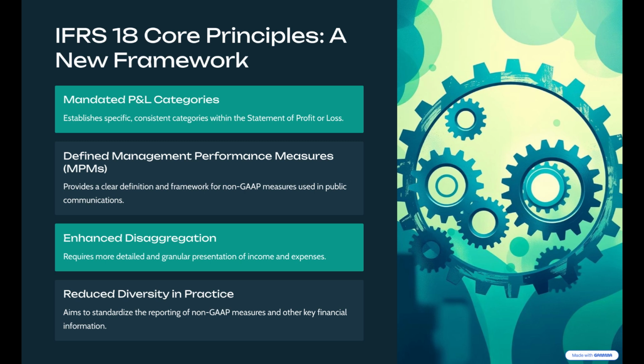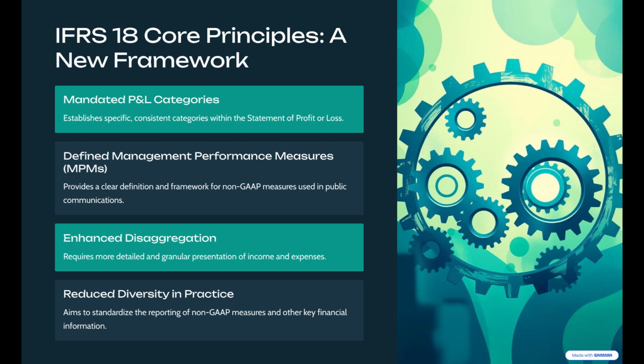At its core, IFRS 18 is built around four fundamental principles that aim to modernize financial presentation: mandated categories in profit or loss, defined management performance measures, MPMs, enhanced disaggregation, and reduction in diversity in practice.